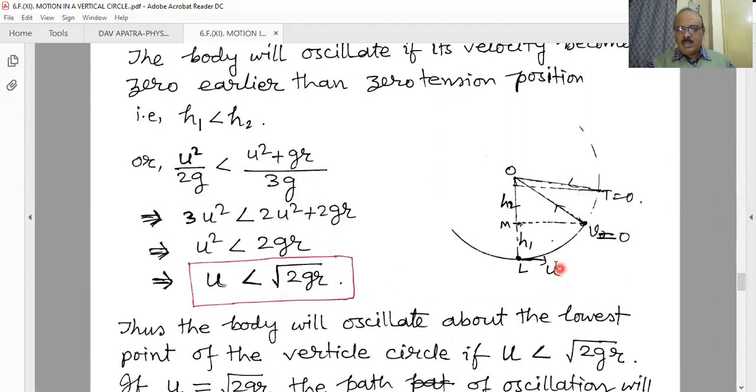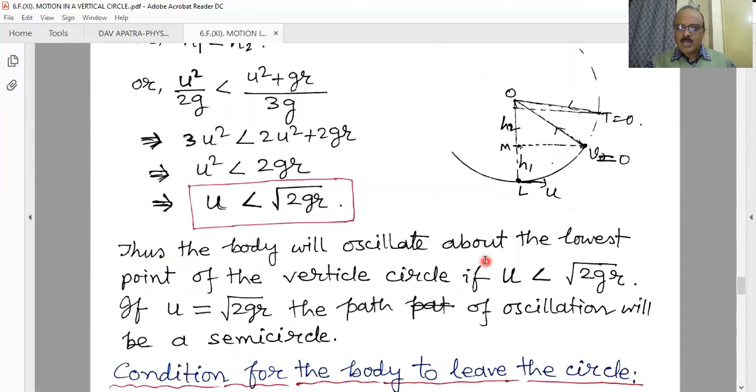That means if the velocity is less than root over 2gr, then the object will oscillate. And if it is greater than root over 5gr, then it will complete the circular path.